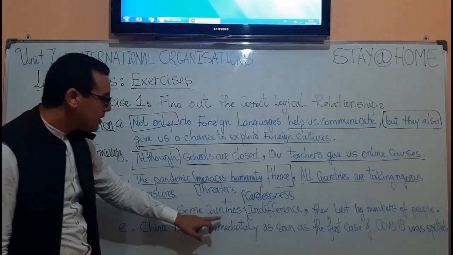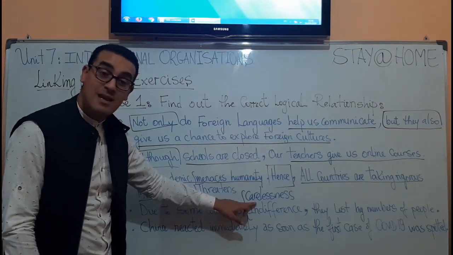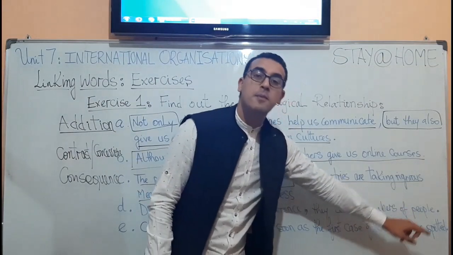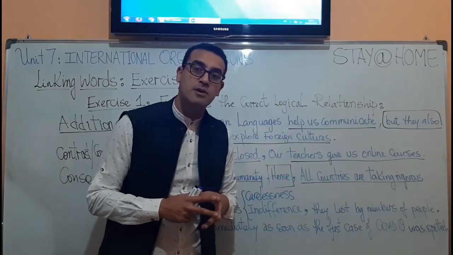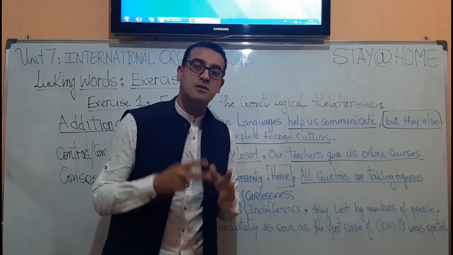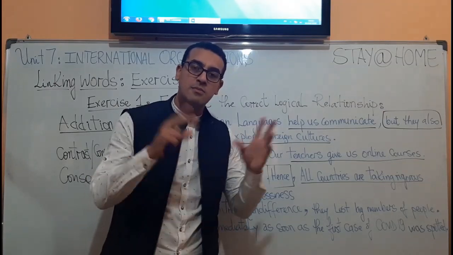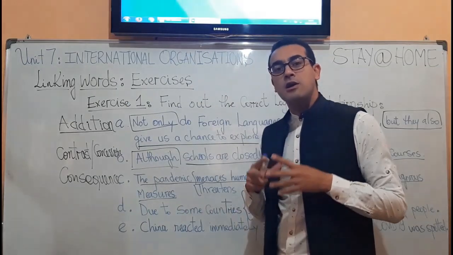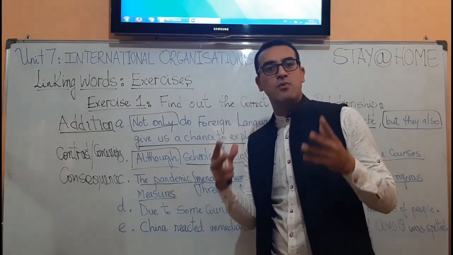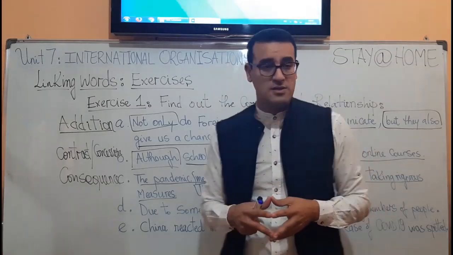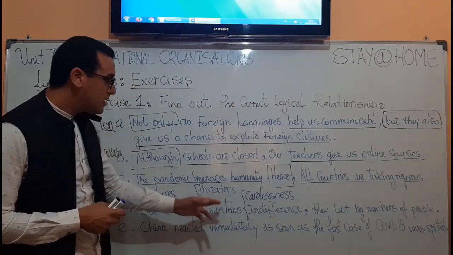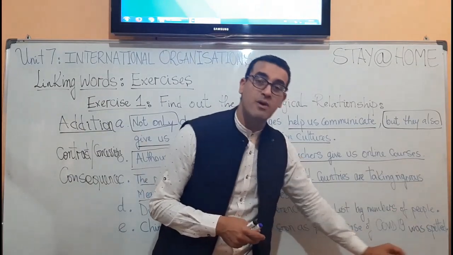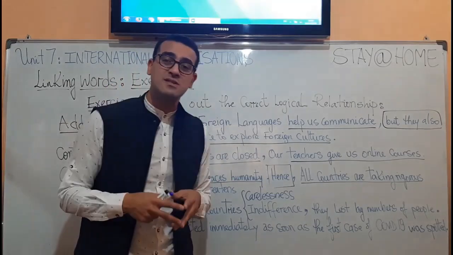So due to some countries' indifference and carelessness, they lost big numbers of people. Many people died in Europe, in the United States of America and in many other parts of the world due to what? To some governors' and heads of states' carelessness and indifference. So we have here, due to some countries' indifference and carelessness, they lost big numbers of citizens.